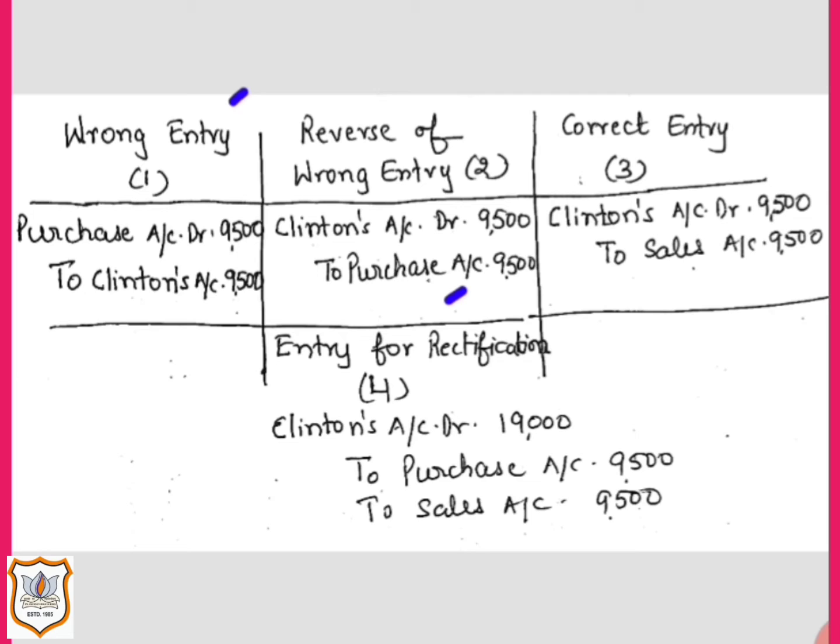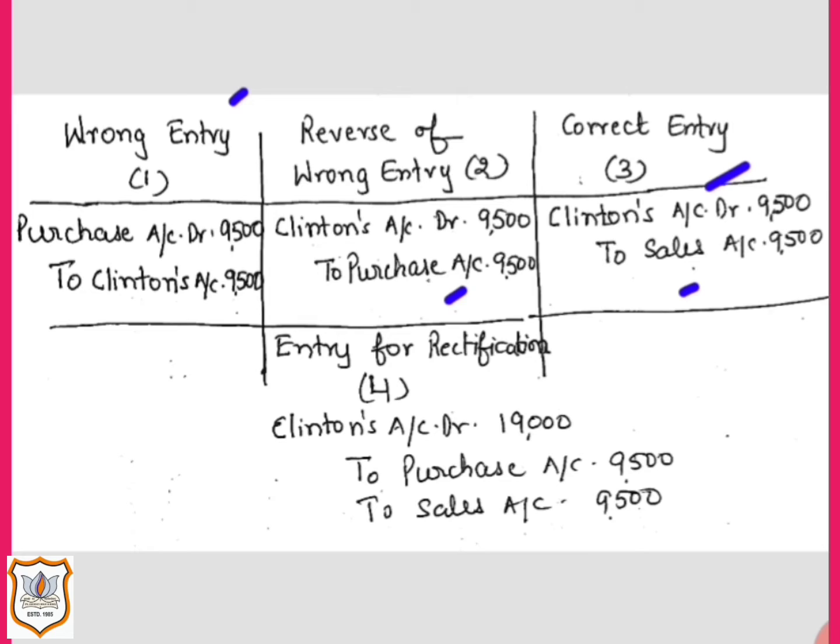As here goods have been sold, and that too on credit, as per real account rule, sales account will be credited, and as per personal account rule, as Clinton is the receiver of goods, Clinton's account should have been debited. So Clinton's account debit to sales account, this entry will be the correct entry which we will write in the third step.